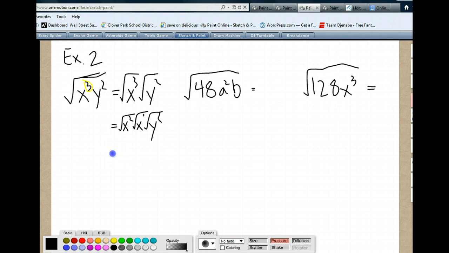So, taking inverse operations, I get x, I get square root x, and I get y.